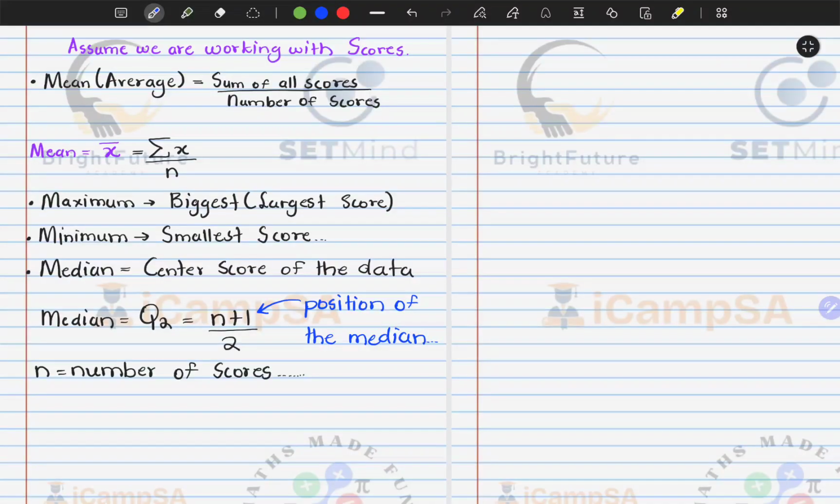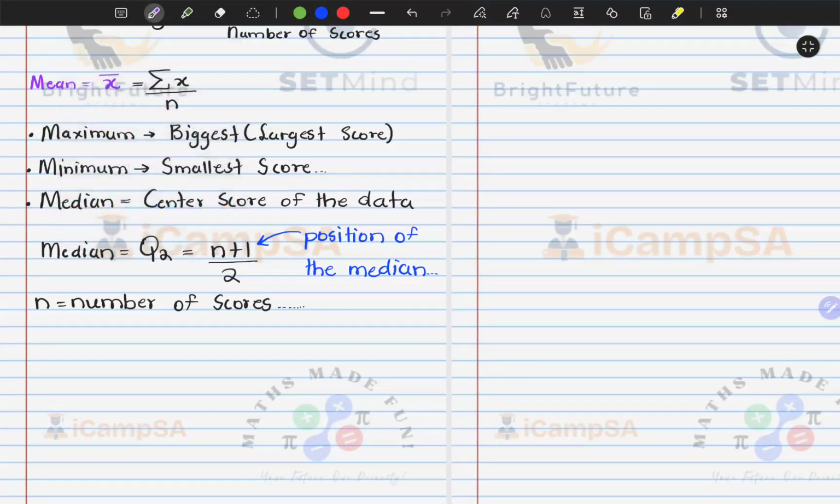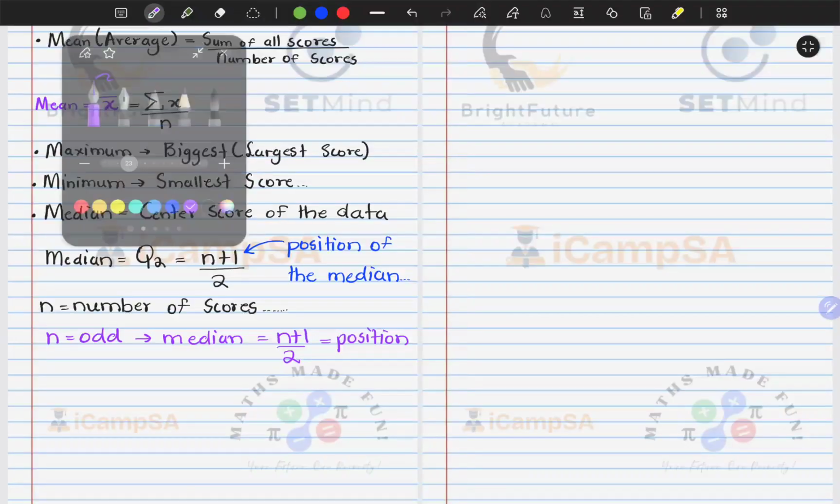Where is it positioned? If n is odd, then your median will be at n plus 1 divided by 2. So you will get the position of where your median is, and this is after rearranging your data in ascending order.